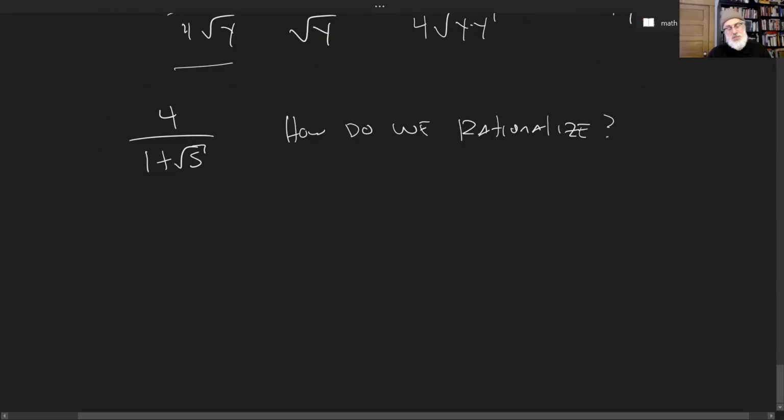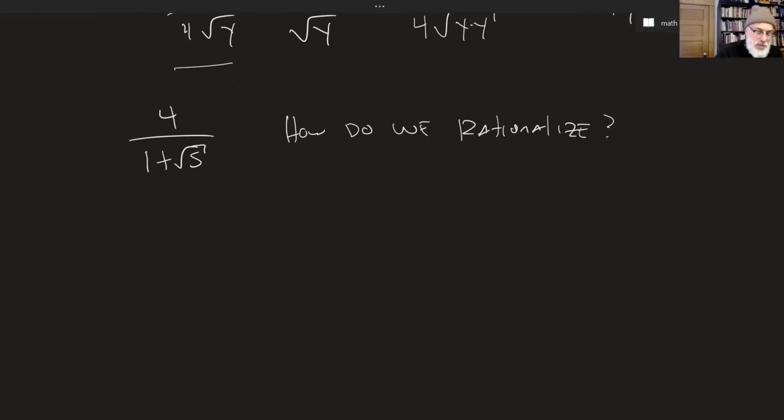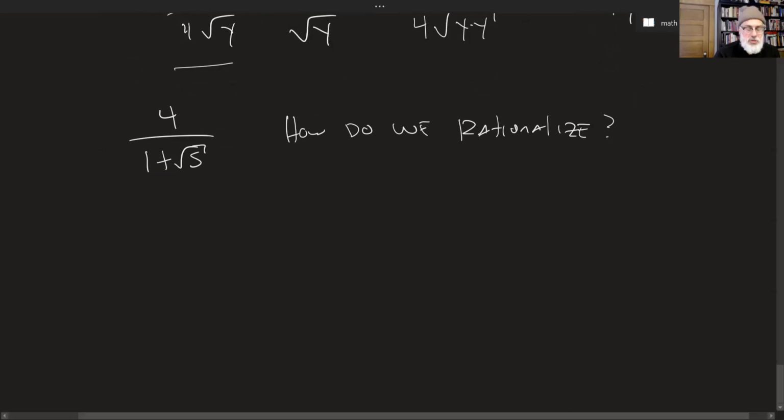If we just multiply by the square root of 5, we won't have eliminated the radical in the denominator. If I distribute, I get the square root of 5 plus the square root of 5 times the square root of 5, which is just 5. So you can see I still have a square root in the bottom. So that's not rationalized.